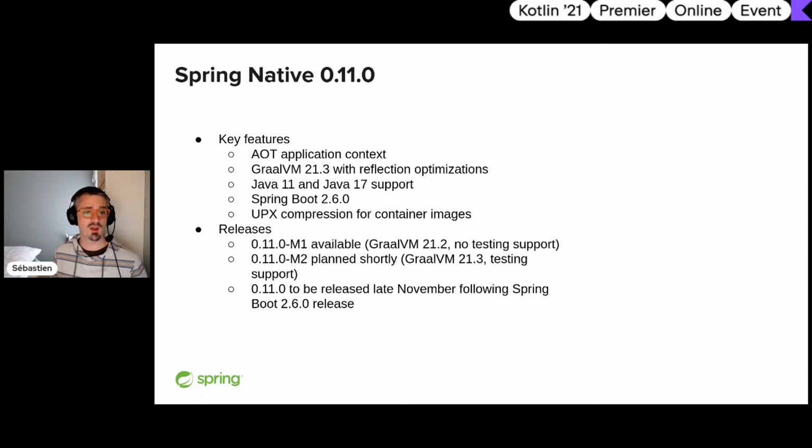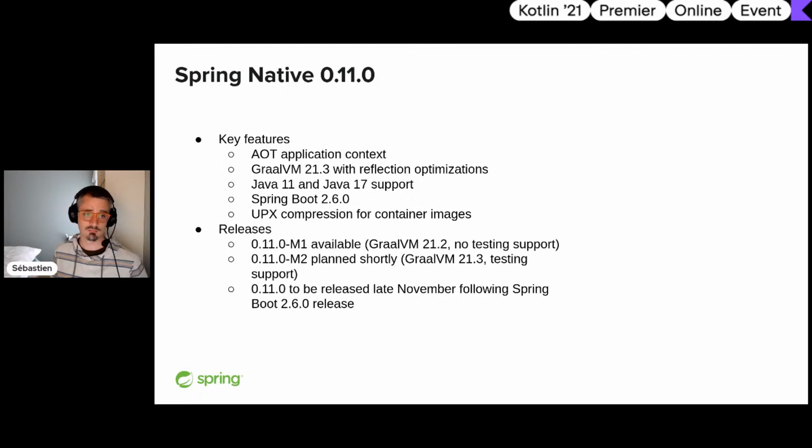So basically with GraalVM 21.3, using reflection is less costly in terms of memory footprint. It provides both Java 11 and Java 17 support. We are going to stop supporting Java 8 because basically GraalVM 21.3 doesn't provide a Java 8 specific build.